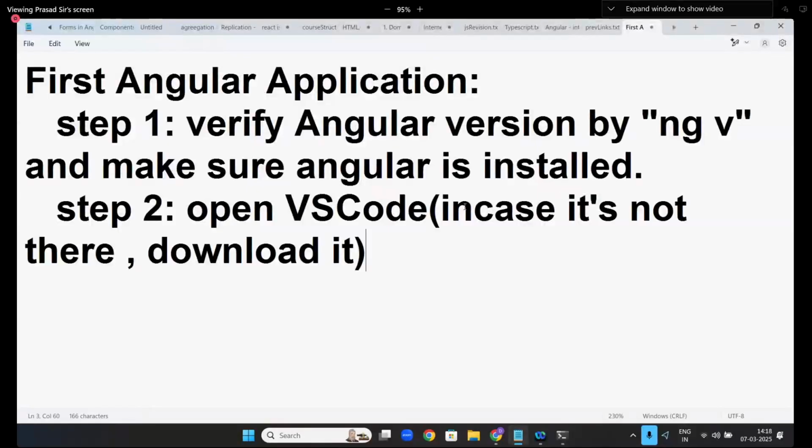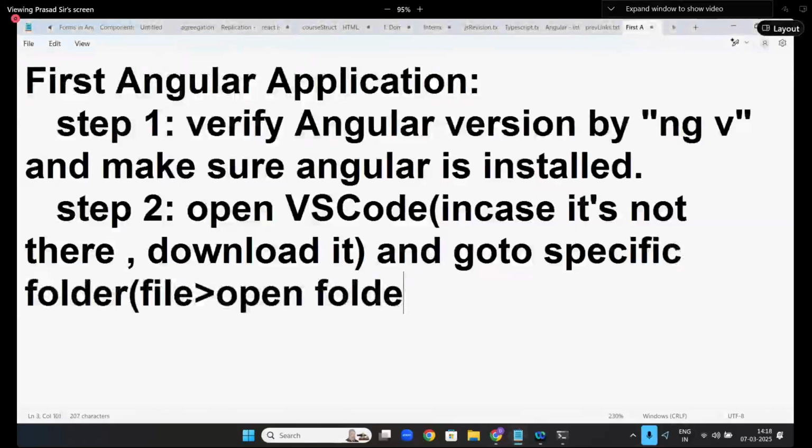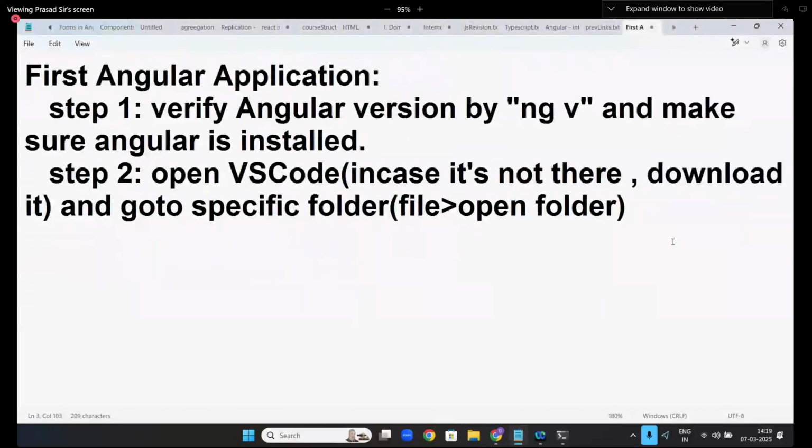Open VS Code and go to a specific folder. You will go to File, Open Folder, and select the folder. Simple. Open VS Code and open some folder.